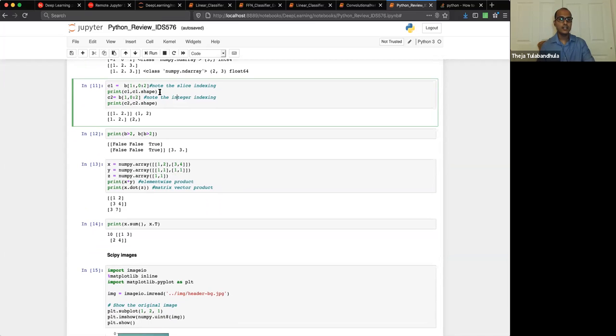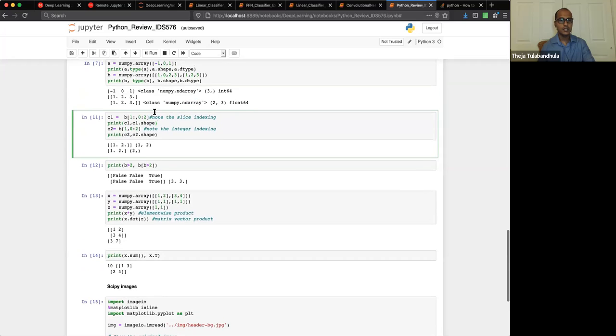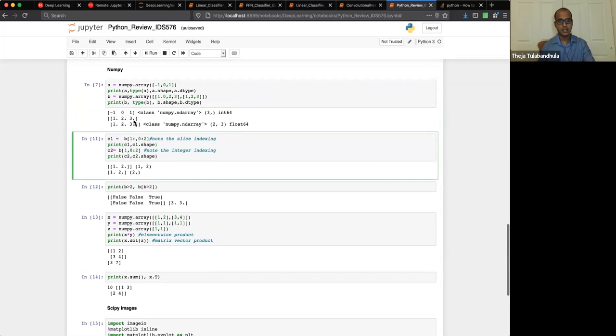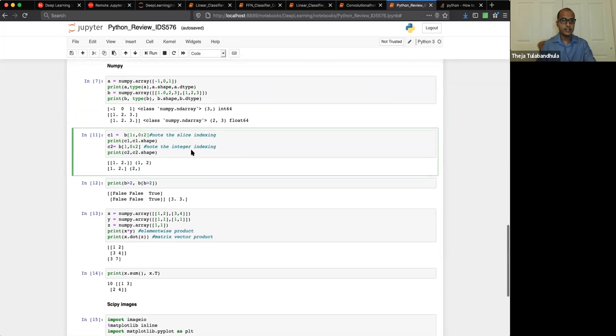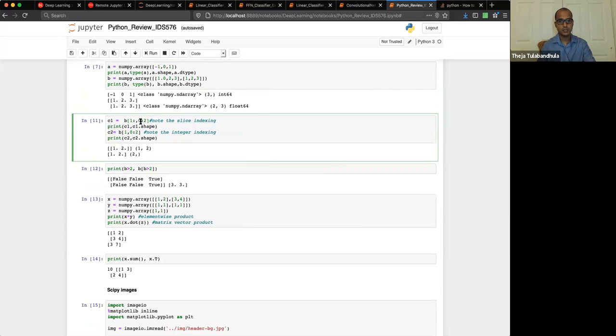So here, for example, this matrix B has 2 rows and 3 columns. You can index from the first row onwards and up to the second row. I mean, the second row doesn't exist, so up to 0 and 1, basically. The first 2, sorry, up to the second, I apologize.